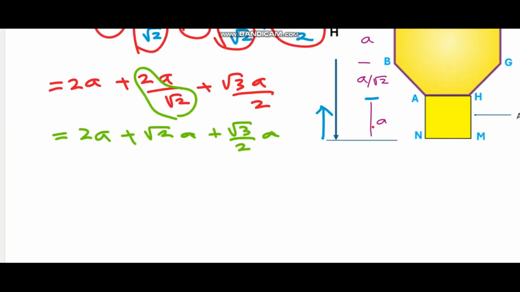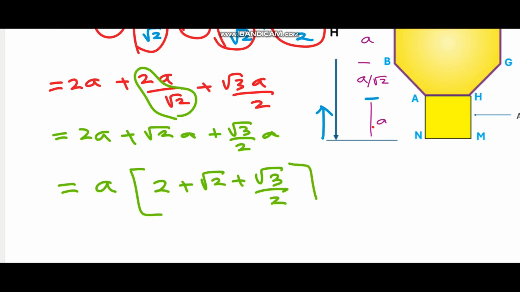So if we take A out, A times 2 plus root 2 plus root 3 over 2. This is H.